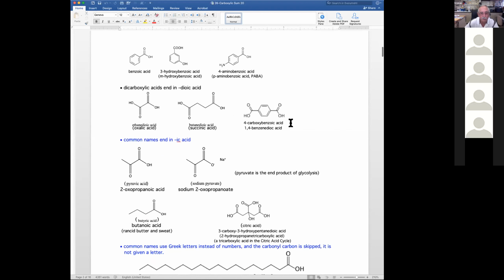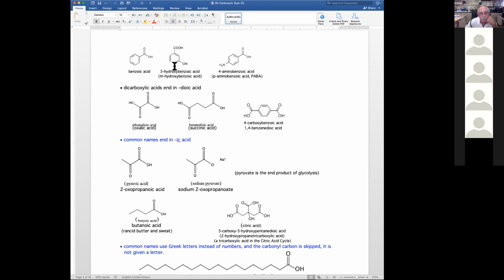Then in this unit, you will have to know benzoic acid. So if the hydroxy group there were a hydrogen, that would be benzaldehyde. But when it's a full carboxyl group, that's called benzoic acid.